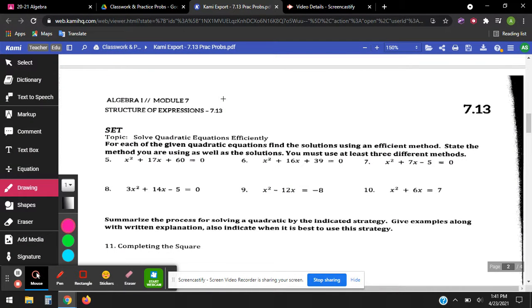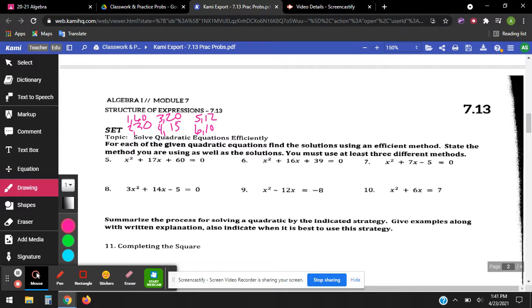All right, so I'm going to start by looking at factoring, just because if that one works, great. So my factors of 60: 1 and 60, 2 and 30, 3 and 20, 4 and 15, 5 and 12, 6 and 10.